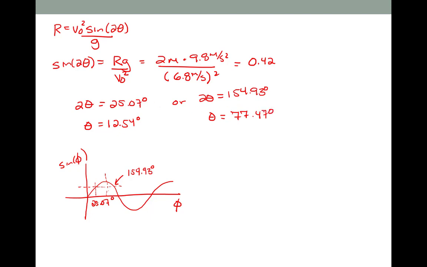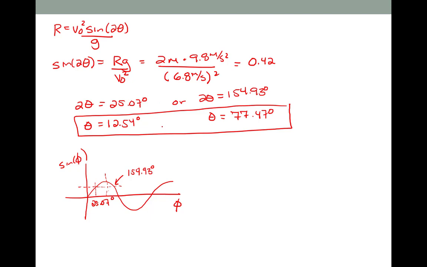And if you look at them, the two angles, 12.54 degrees or 77.47 degrees, are indeed symmetric about 45 degrees, as shown in the simulation we looked at at the start of our analysis of 2D projectile motion. This concludes this part. It also concludes this unit.